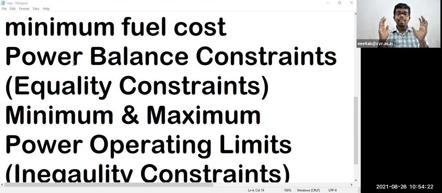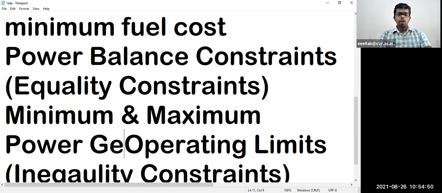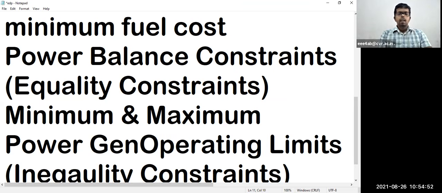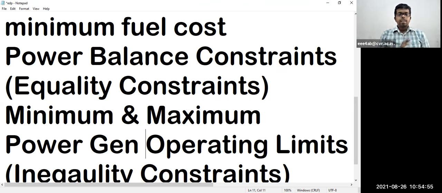But that is the generalized term in optimization. If you choose economic load dispatch, there are 2 constraints. The first one is the power balance constraint, and the second one is power operating limits. Power generation operating limits or power operating limits are all the same; you can write it either way.